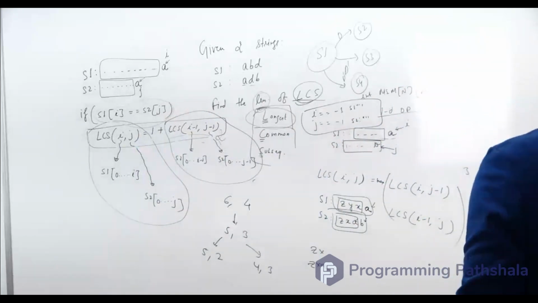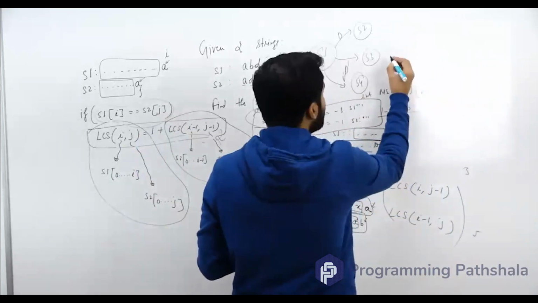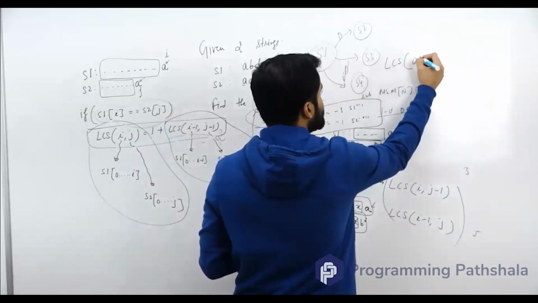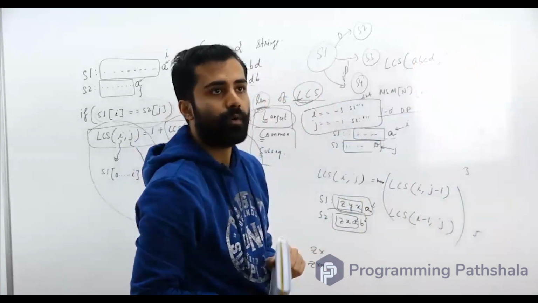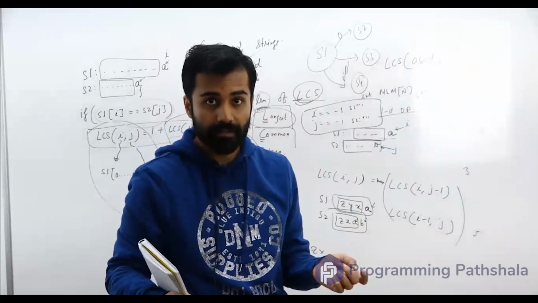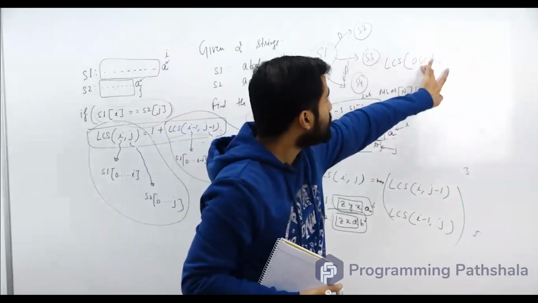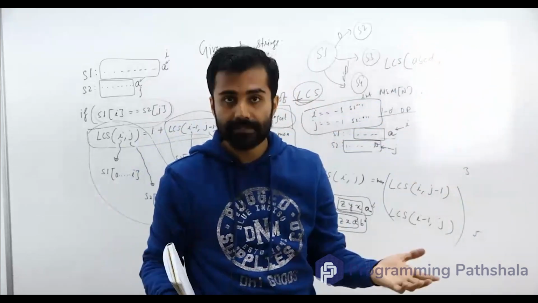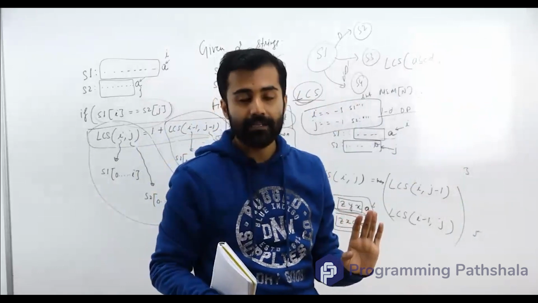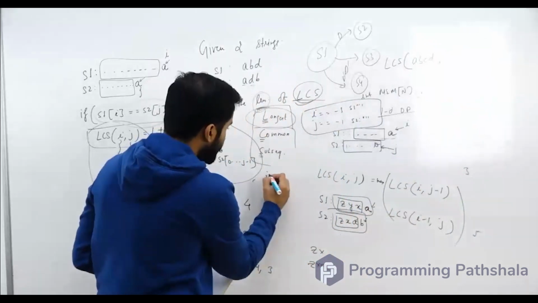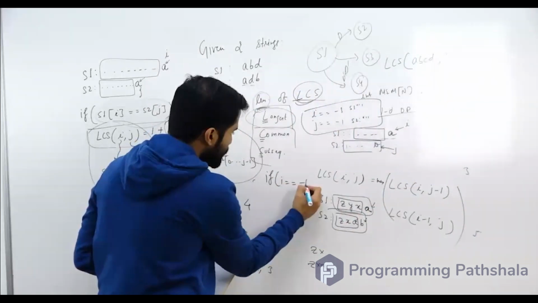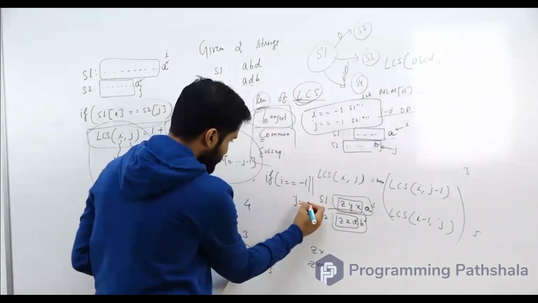Now answer me one very simple question. If I ask you, tell me the LCS of the first string, which is something like that, and the second string, which is empty, what will be the LCS of this? It will be 0. Because if either of these two is empty, then my answer will be 0 for sure, right? So my termination condition can be very simple. My termination condition would say if I is -1 or j is -1.